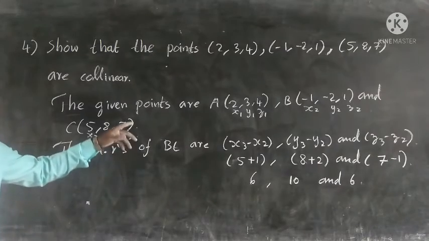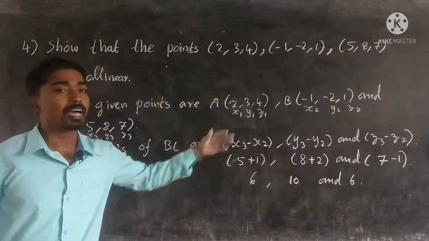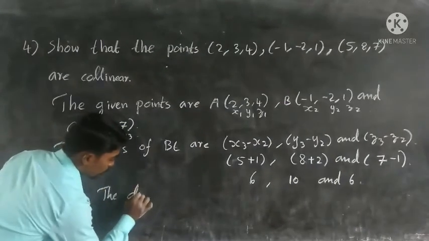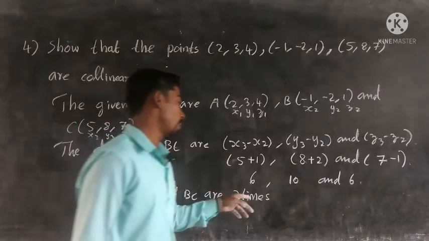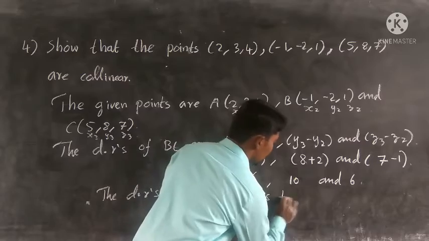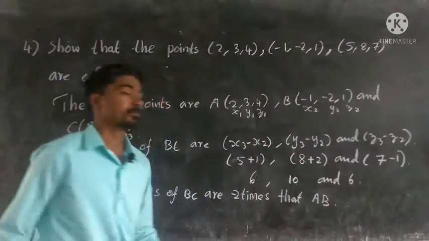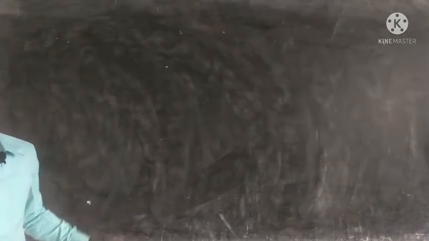If you observe the direction ratios of AB and BC, they are directly proportional. Therefore, the direction ratios of BC are minus 2 times those of AB. It means that AB and BC are proportional.